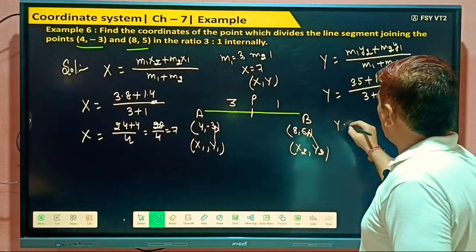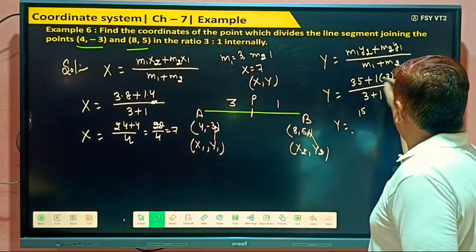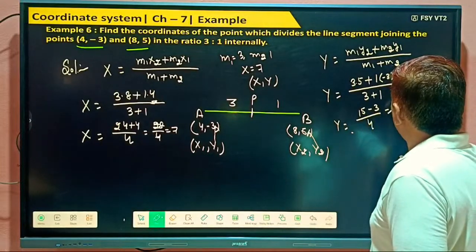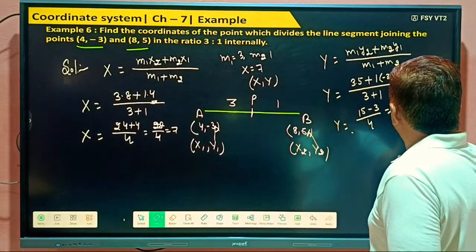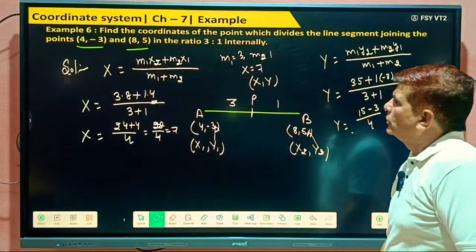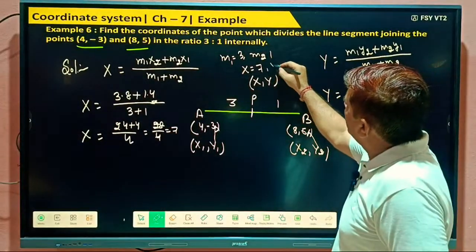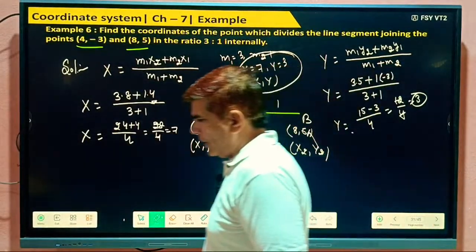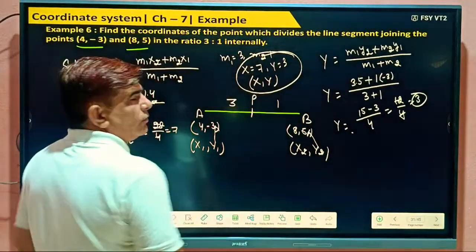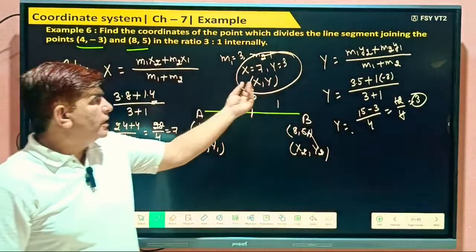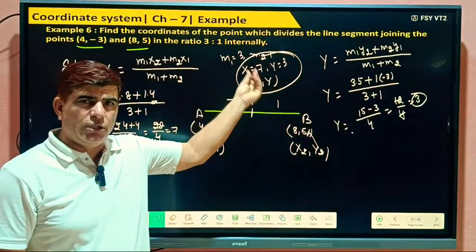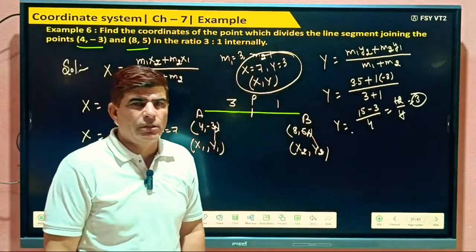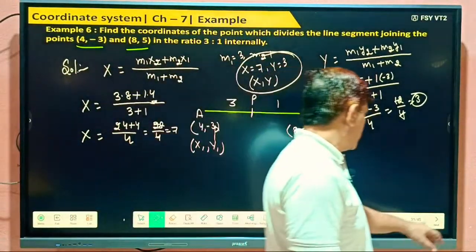So y equals 3 fives are 15 and 1 into minus 3 is minus 3, by 4. It means 12 by 4, which is 3. So the coordinates of point P are 7 and 3. What does it mean? This point's distance from the y-axis is 7 units and its distance from the x-axis is 3 units. Got it? Simple use of this. Next.